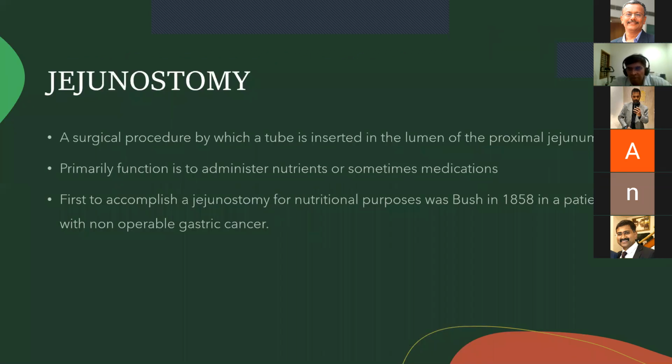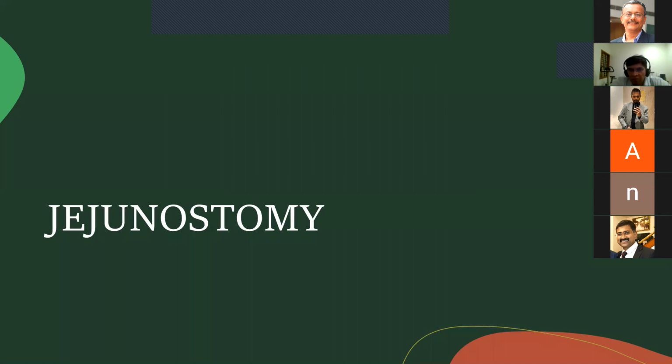So coming to a jejunostomy, it is a surgical procedure by which a tube is inserted. Saurav, sorry, may I kindly interrupt you and stop you here? Two reasons. We are on nearly for an hour, and I think we should make it a habit to finish the session within an hour. And the second thing, as I was expressing to Abdul the other day, feeding jejunostomy and ileostomy have no relation to each other. Yes, sir. Somehow the two got included, and I was not aware of it.